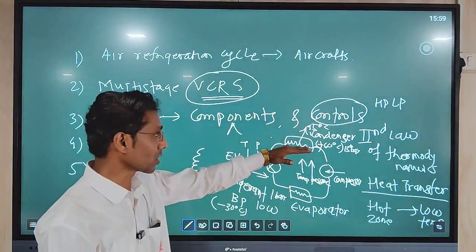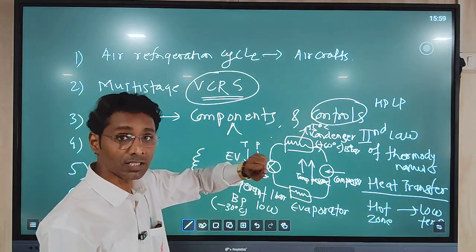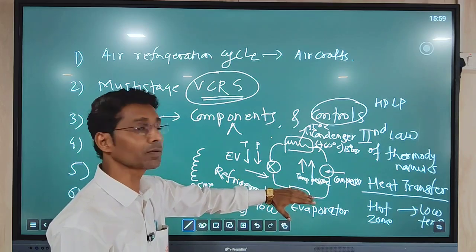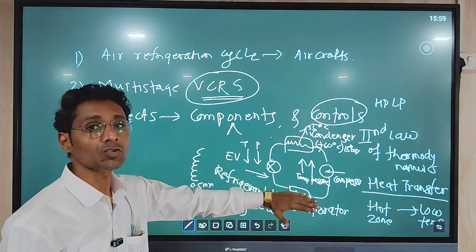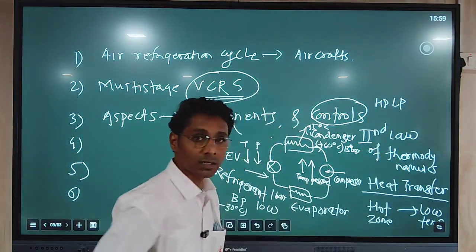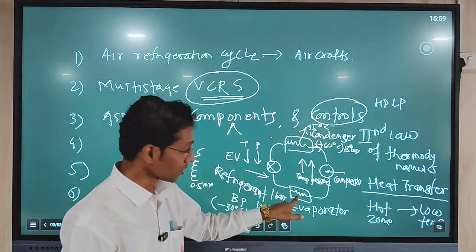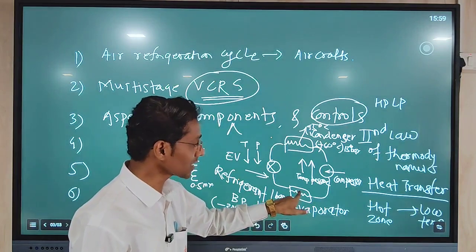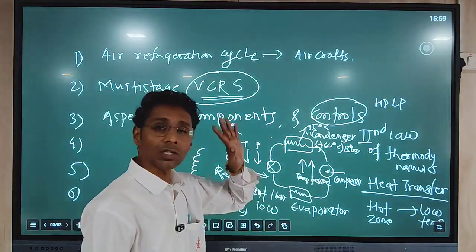When the system pressure goes above the safe zone, the system should be stopped for safety purposes. Or when the pressure falls below a certain level, again the system should be stopped. For that purpose, the HPLP cutout control is used. Here, to maintain the temperature, once the system reaches the set temperature, the compressor should be off.